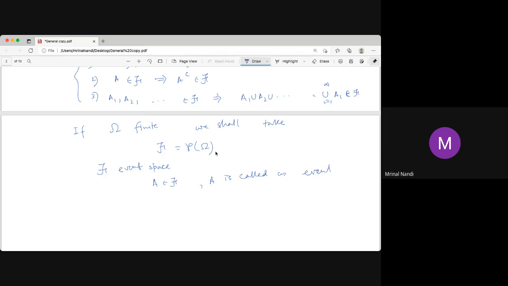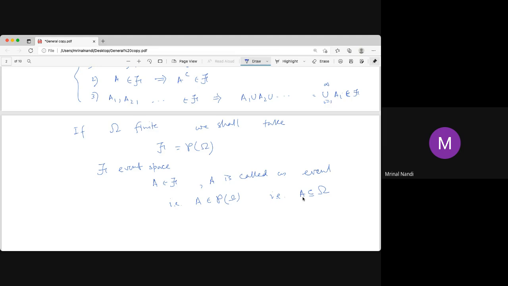That means the element of the sigma algebra, that means the element of the power set, that is A belongs to this power set. What is the meaning of that? That is the same as saying that A is a subset of omega. Maybe empty, maybe the whole set. Now the converse may not be true. Any subset of omega may not be an event, right? Because the sigma algebra may not be equal to the whole power set.